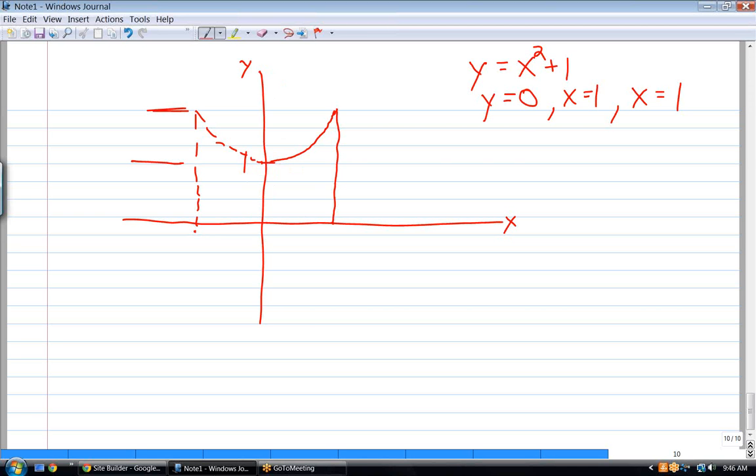And notice that wherever you can use either washers or shells, shells always integrates on the other axis that washers does. In other words, if I'm going to use cylindrical shells here, my first shell starts in the middle. The skinny part of that shell is a dx.